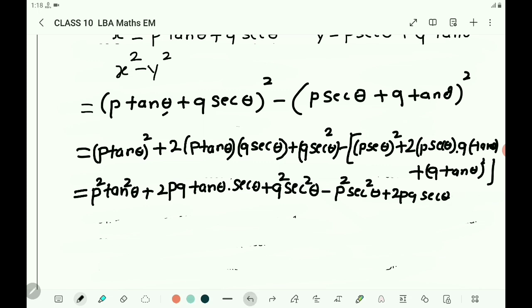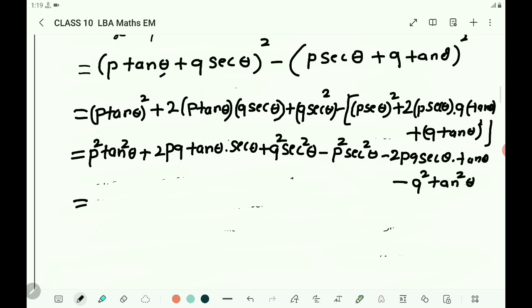It is not plus, minus, because bracket is opened, so you must write minus 2pq secant theta tan theta minus q square tan square theta.